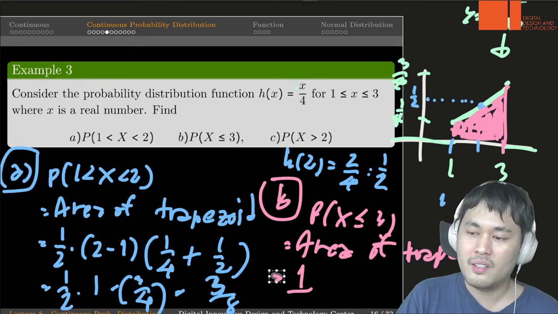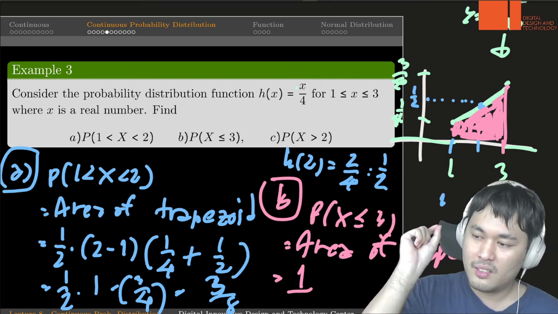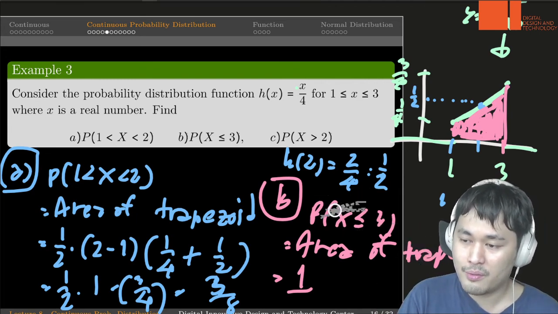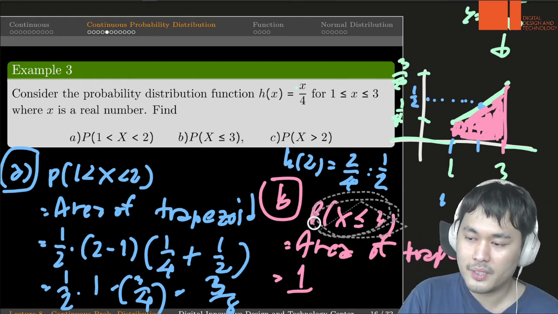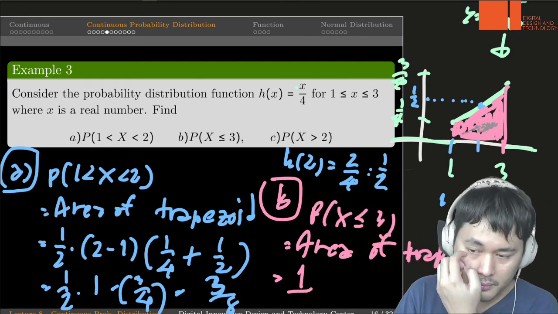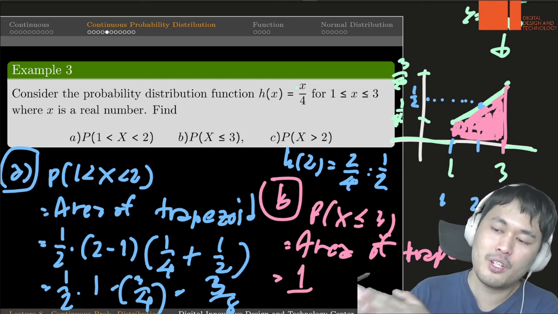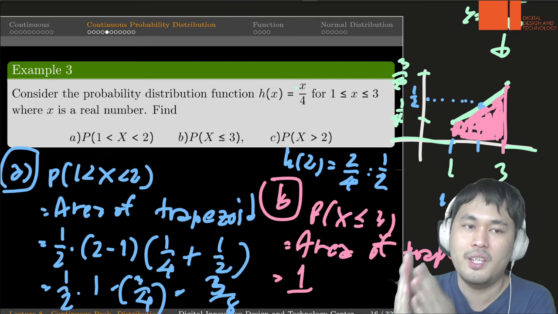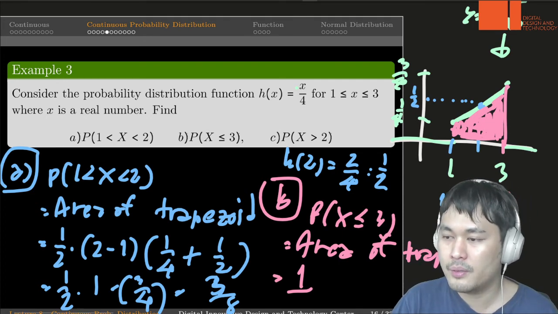In other words, we will always hit the board to the left of 3. Wherever our dot is, it's going to be less than or equal to 3. So now we get 1. We would have to compute the area if we didn't know it's the whole thing, but now we know, so we can skip that and say it's 1.